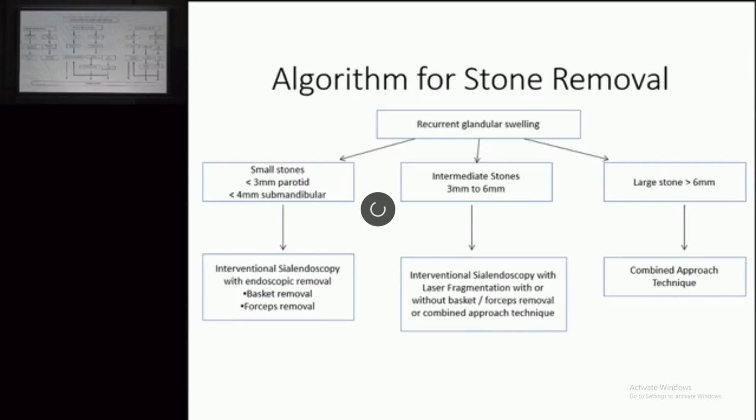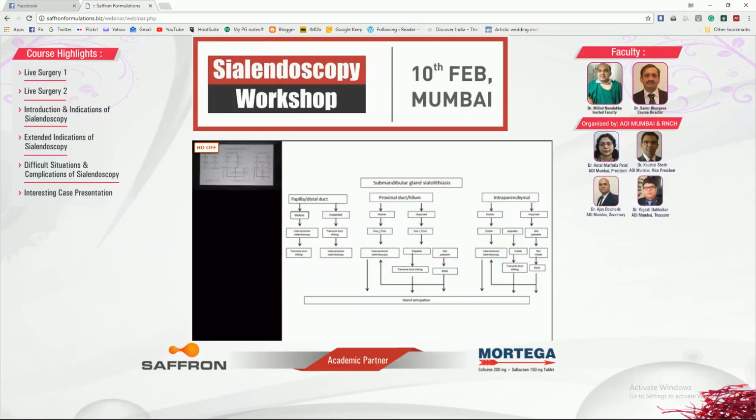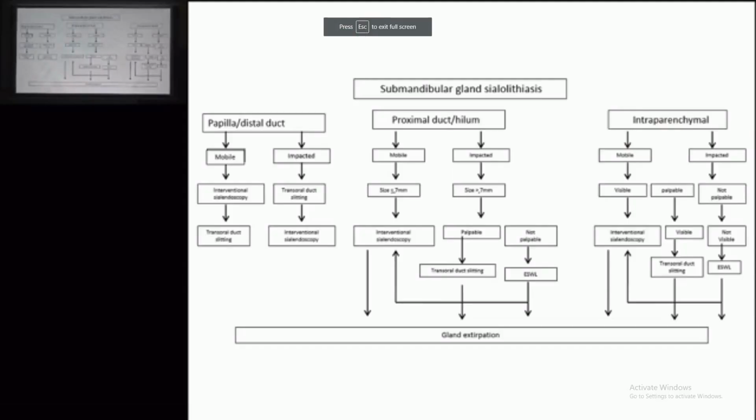And if it is parenchymal and impacted, then yes, you need to break the stone and then only retrieve it with the endoscopy and not the other way around. And if the stone doesn't come out and it's a symptomatic patient, then you may finally be forced to do the gland extirpation.